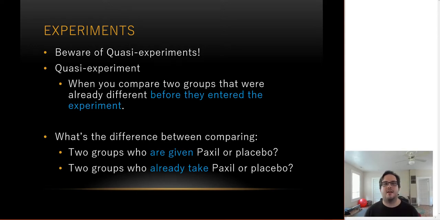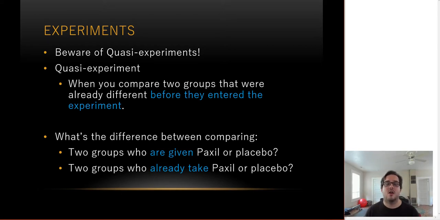So again, if two groups come into the study already different, and you observe any differences between those groups, it could be due to the drug, it could be due to your intervention, your independent variable, or it could be due to some background quality of the person, their personality, or some other trait that is actually causing the difference.